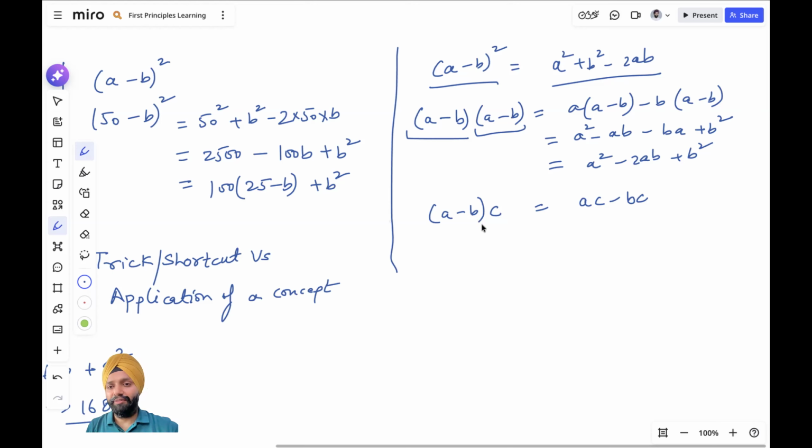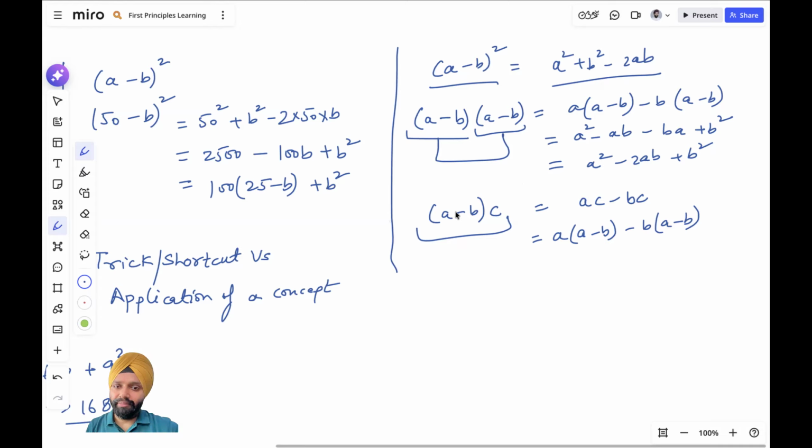Now you can see that if this is what we do, then if c were a minus b, we will do this. So you can understand this whole expression, the way it is being opened, it's just coming from this basic understanding, right?